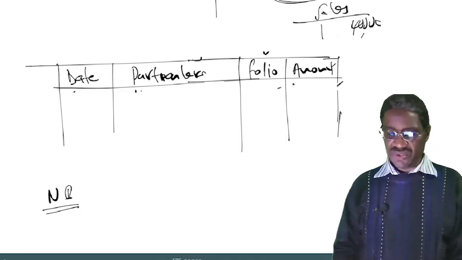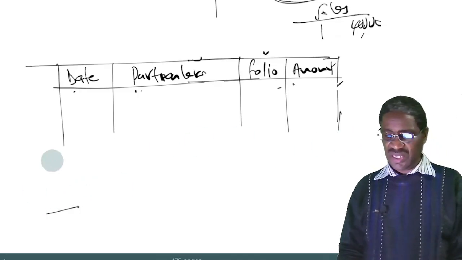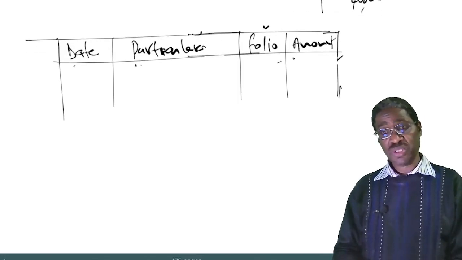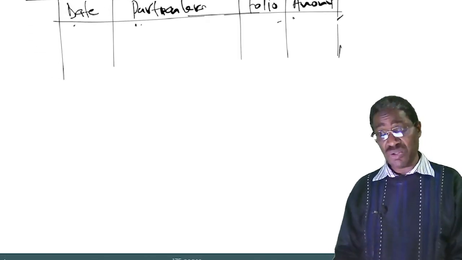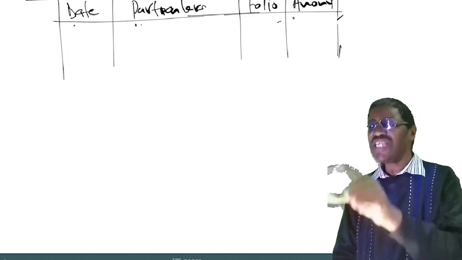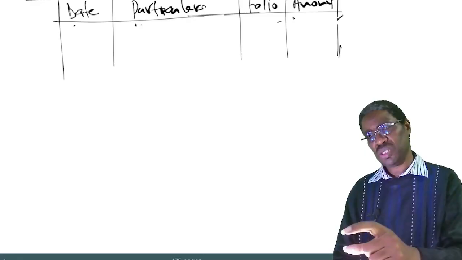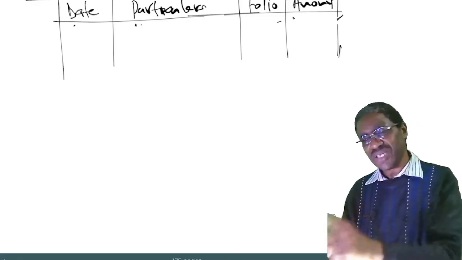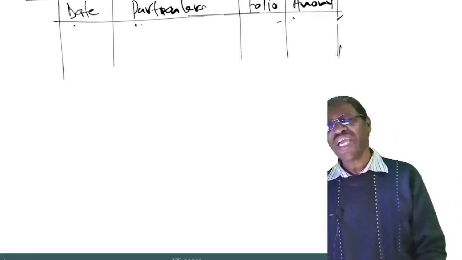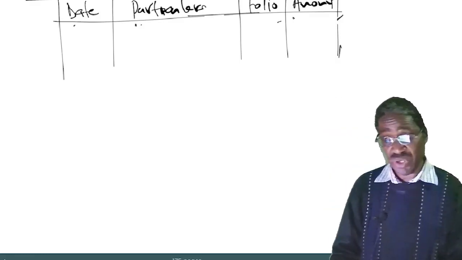Now listen to this now. What about the general journal? What did I tell you? I told you the general journal is used to record any other transaction that cannot be recorded in any other daybook.